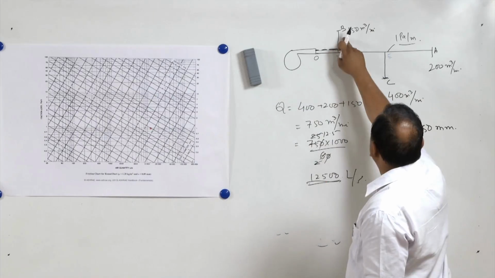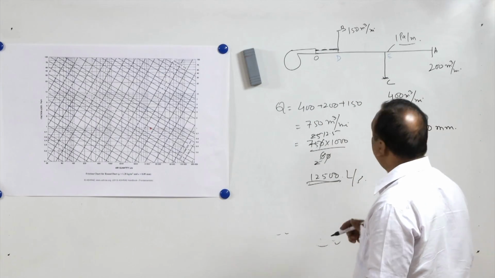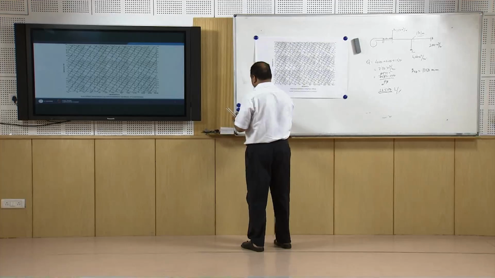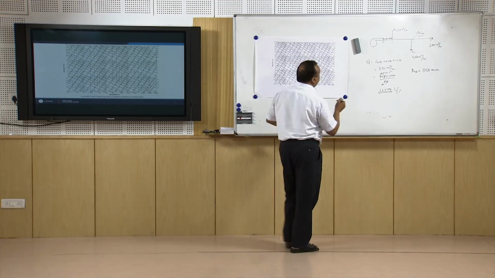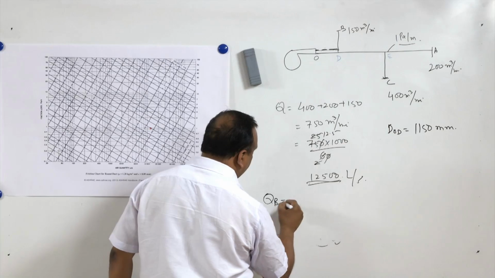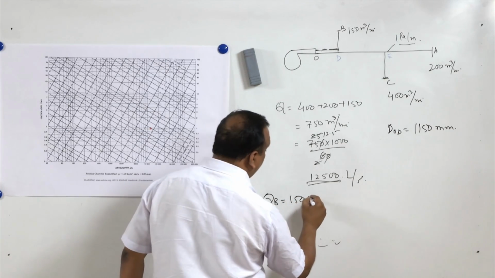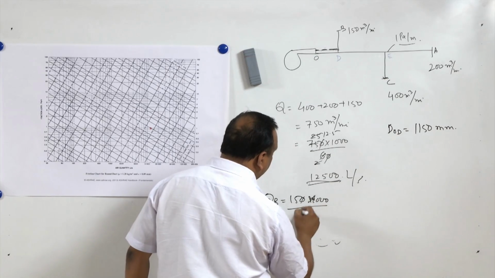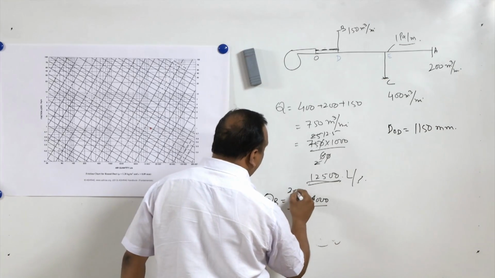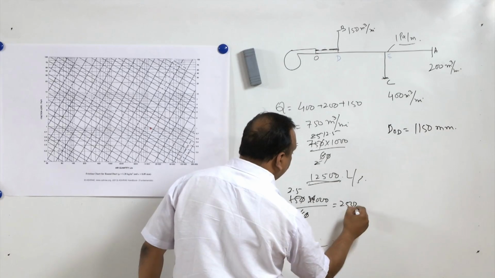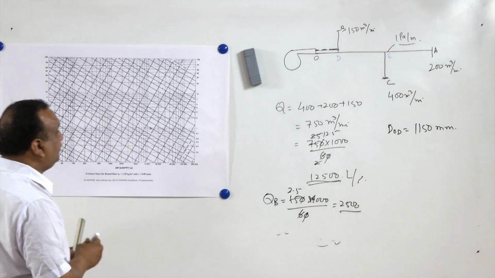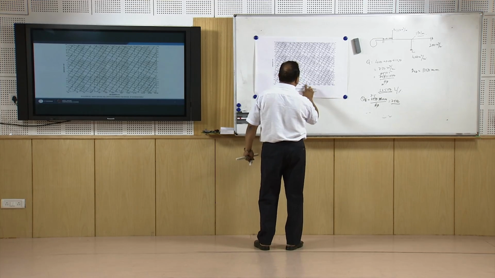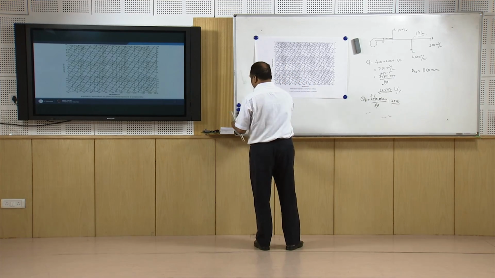Now DB, DB is also 1 Pascal per meter, but the discharge is 150. So for 150 meter cube per minute, QB, it is 150 into 1000 divided by 60, that is 2500. So we will look for the discharge of 2500.